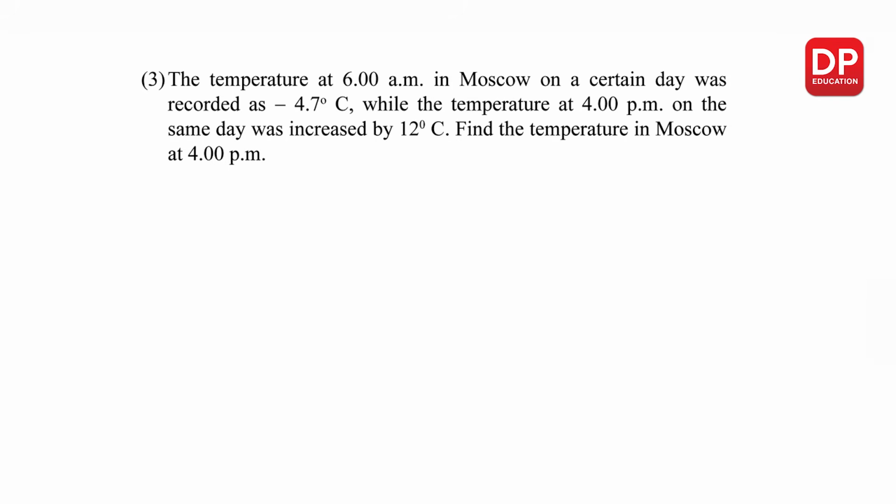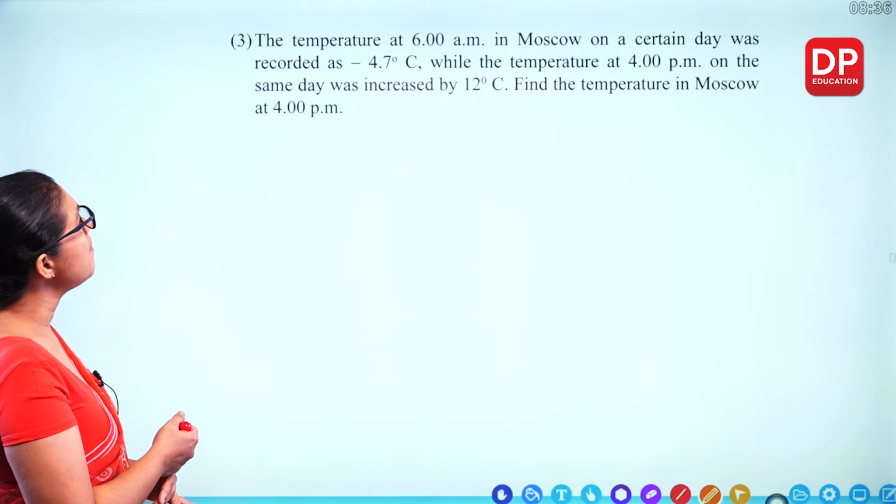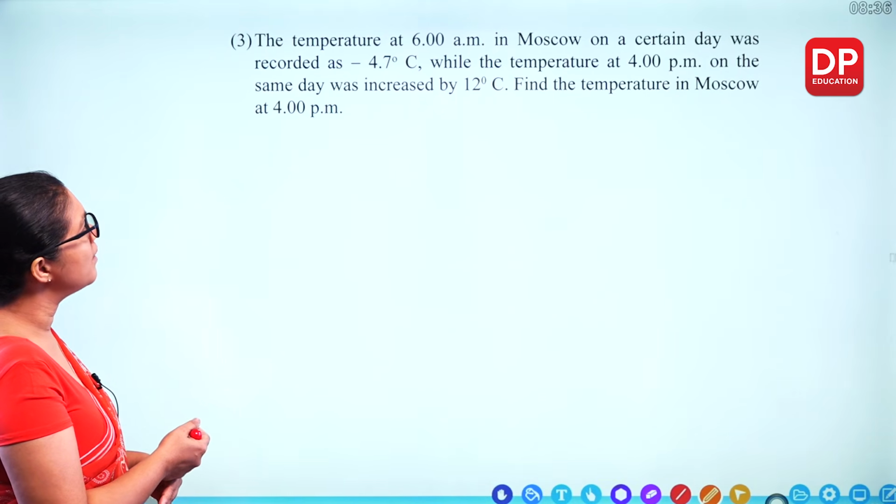Question number 3. The temperature at 6 a.m. in Moscow on a certain day was recorded as minus 4.7 Celsius, while the temperature at 4 p.m. on the same day was increased by 12.